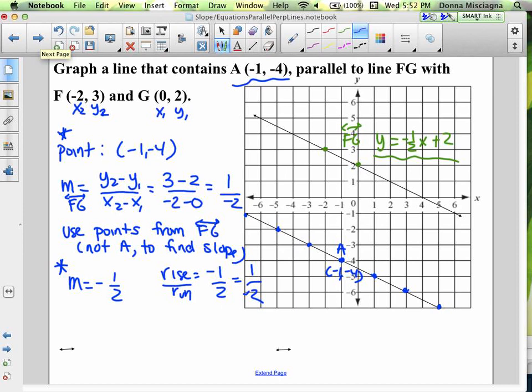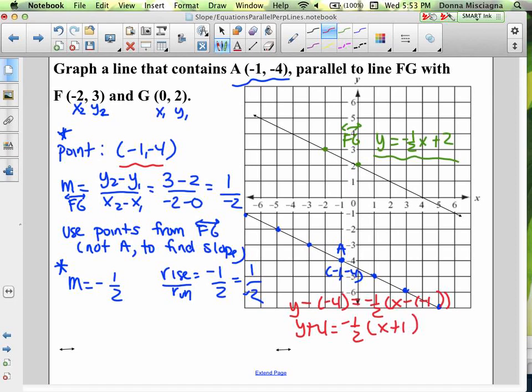So let's just do that real quickly, and that will end this podcast. It's a little longer than I planned. We're going to use the point -1, -4. So y minus -4 equals -1/2 times x minus -1. Simplify the negatives: y plus 4 equals -1/2 x plus 1.